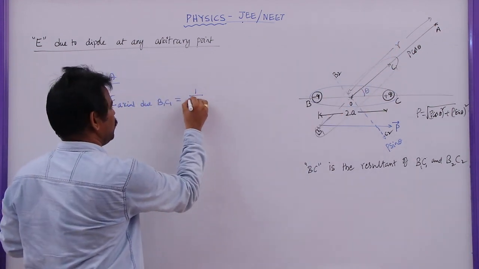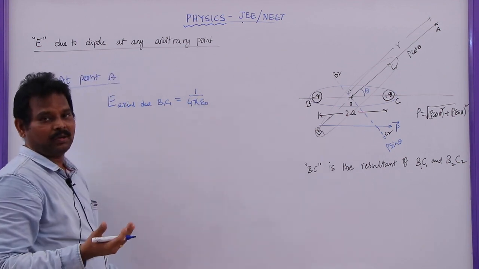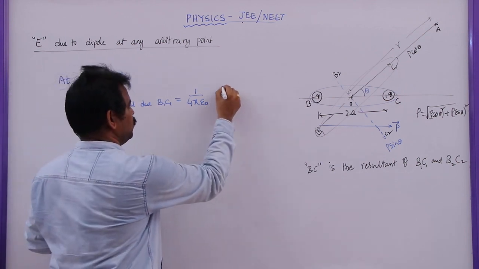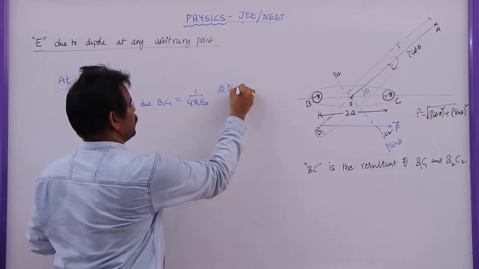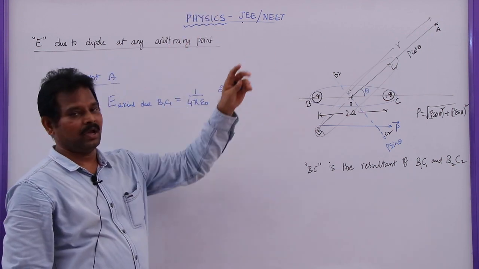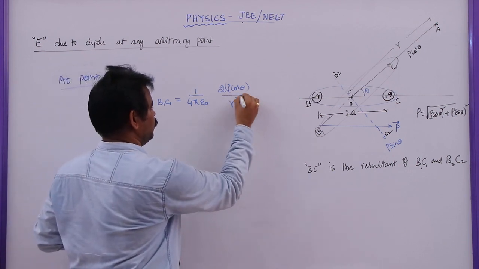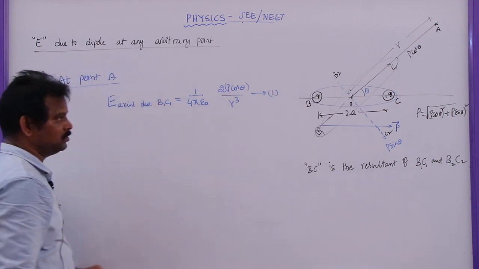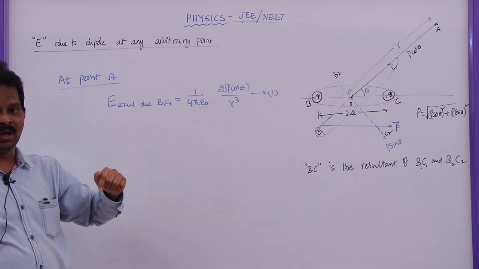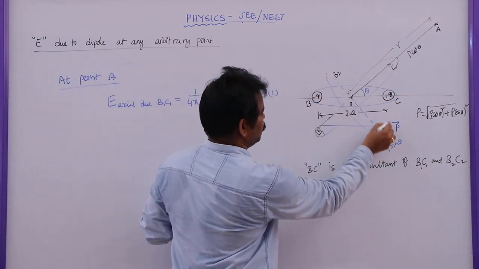So this is given by 1 by 4 pi epsilon naught, 2p by r cube, for a short dipole. Here also let me take this as a short dipole, which is given by 2p cos theta, because in that direction the dipole moment is p cos theta. So this is 2 p cos theta by r cube. This is equation 1. Similarly, consider point A, a point on the equatorial line of the dipole B2 C2.